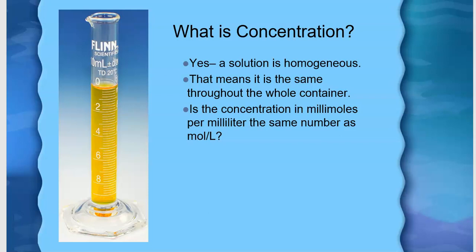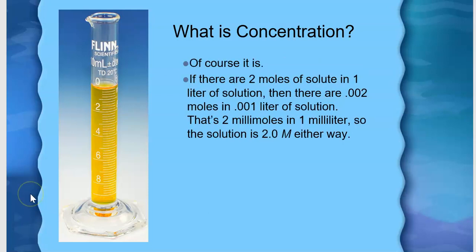So now the next thing to think about is if I'm using millimoles per milliliter, is that going to be the same concentration as if I have a number in moles per liter? And again, absolutely it is.